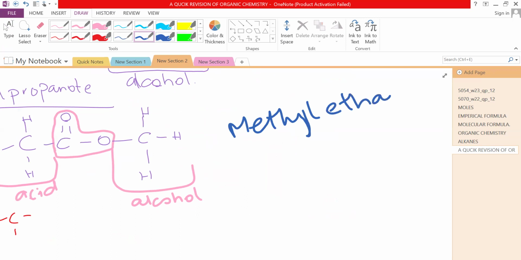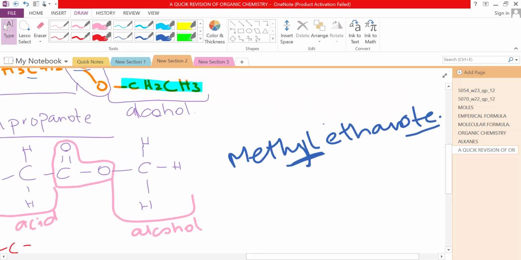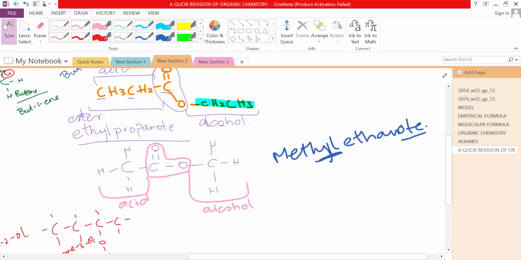So it is methyl ethanoate. The acid ends with -oate and the alcohol ends with -yl. Methyl ethanoate. I hope you understood esters, alkanes, alkenes, carboxylic acids, and this was the quick revision of organic chemistry. Thank you.